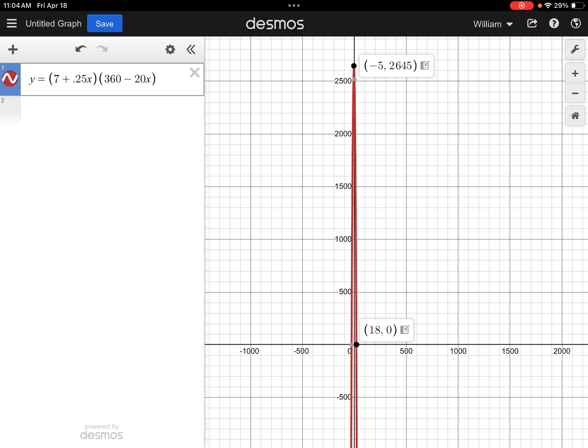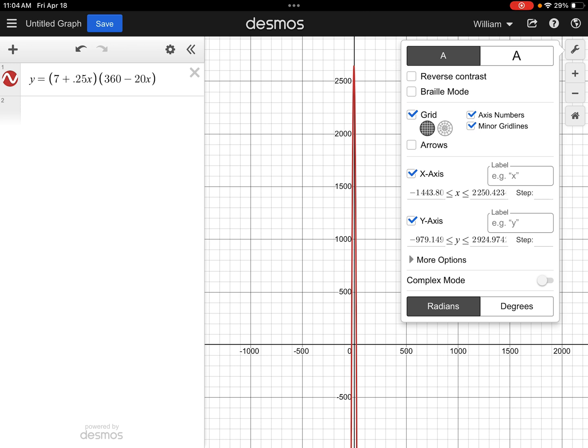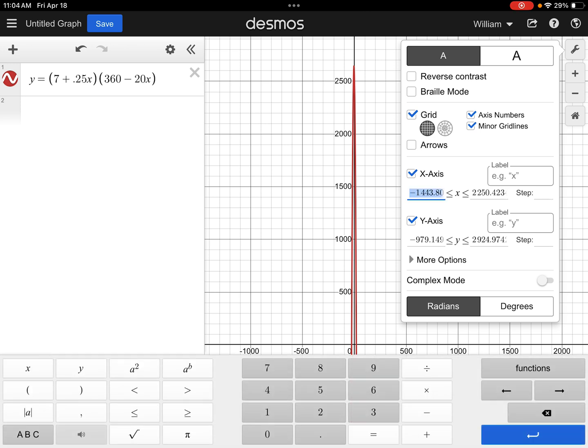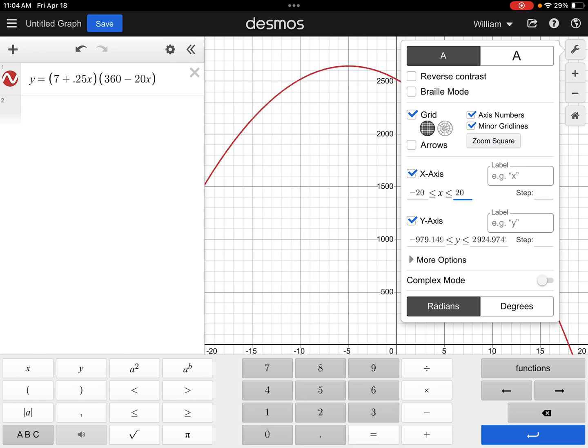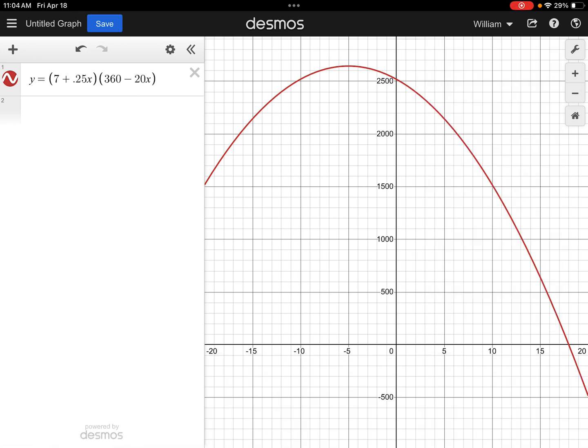I'm going to have x go from -20 to 20. That makes it a little easier to see. And you still might want to zoom in. And that's, I think, all I need because I got everything all set.